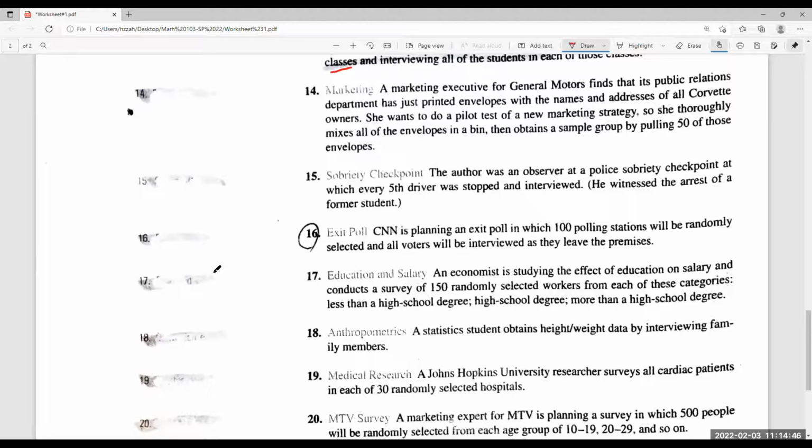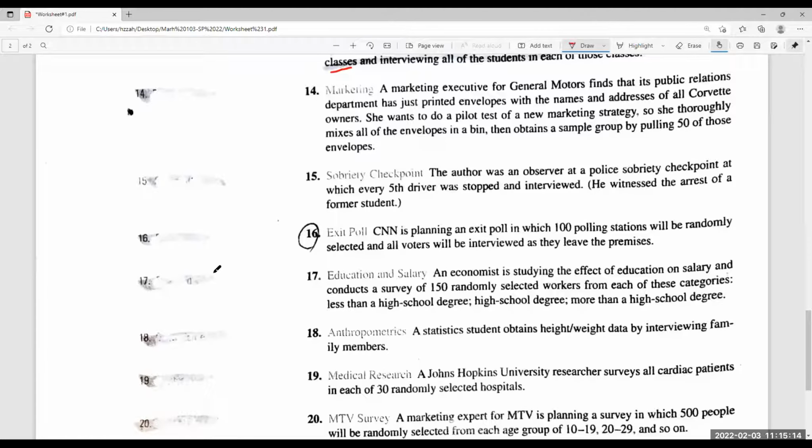In this case, they just pick 100. At the end, for stratified you must have a representative of everybody in your population. So for CNN, the population is the full nation, or if it's one state, everybody who lives in that state. But they just pick 100, so that would be classed as cluster.